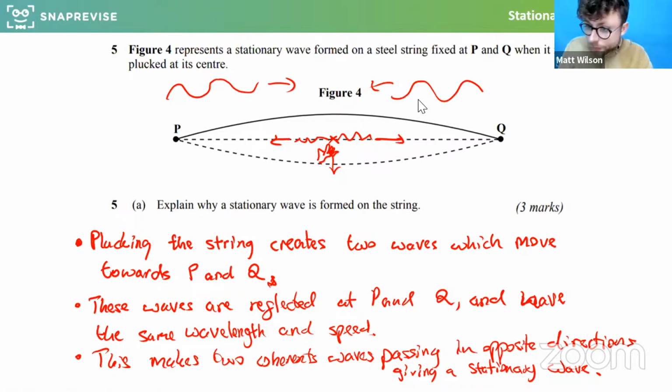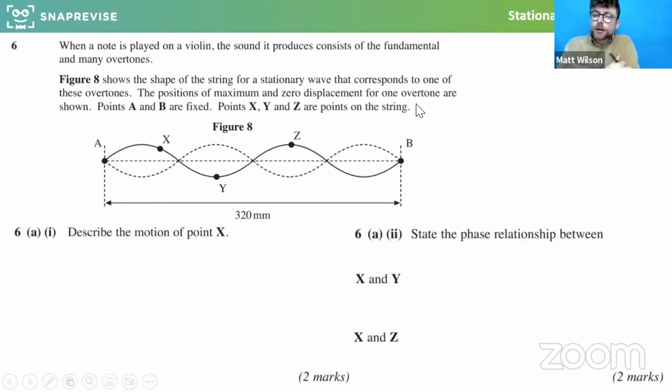So next question. When a note is played on a violin, the sound it produces consists of the fundamental and many overtones. We're going to explain what that means in the second half of the session. Okay, figure 8 shows the shape of the string for a stationary wave that corresponds to one of these overtones.